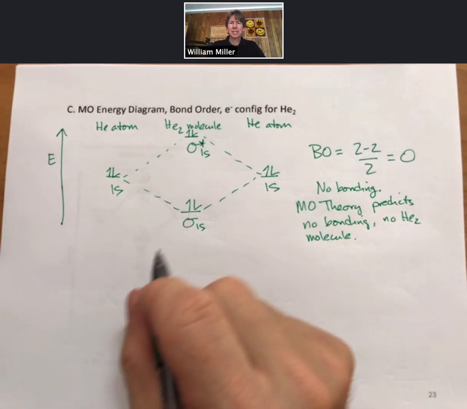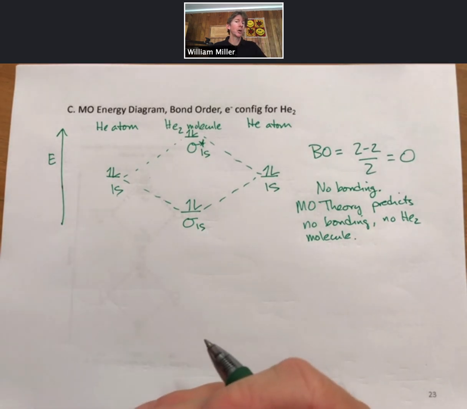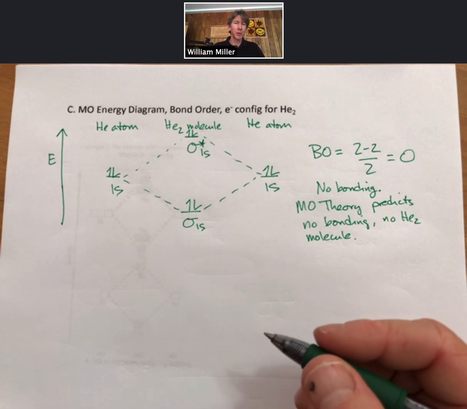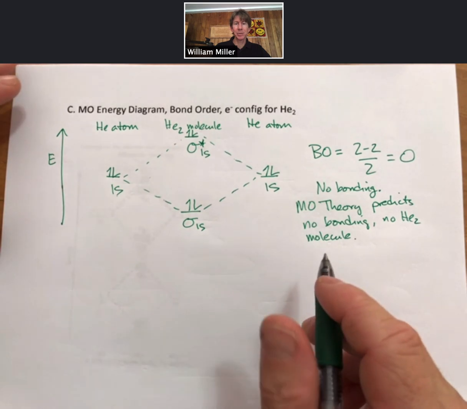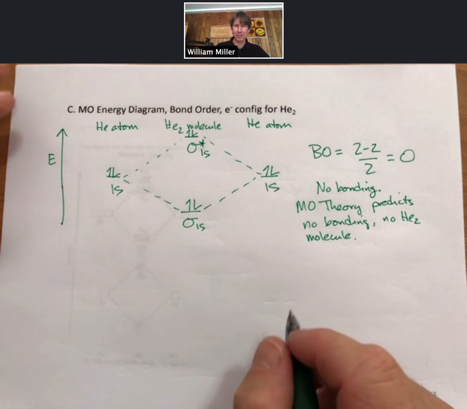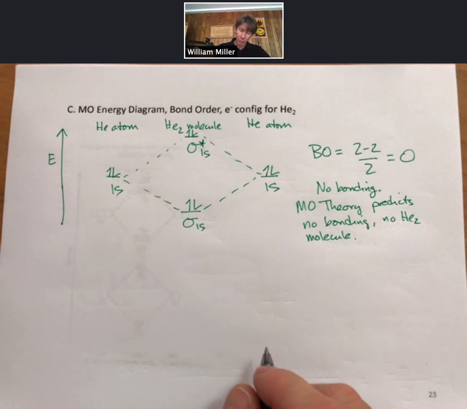And that's nice because now we can start to make predictions, not just, okay, we have a formula, let's start with the formula and then draw the Lewis structure. MO theory is much more powerful. Now, more things we can say about it. Let's actually do the electron configuration for helium-2, or what it would be.